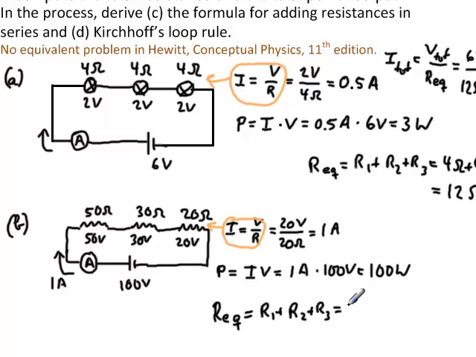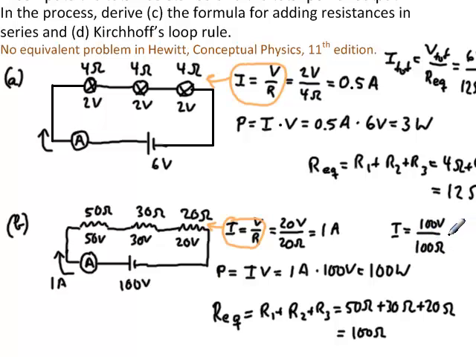So in this case, it's 50 ohms plus 30 plus 20, and that comes out to a total of 100 ohms. And again, if we look at Ohm's law for the total, then the total current equals 100 volts divided by 100 ohms as the total resistance, and that of course comes out to 1 amp.